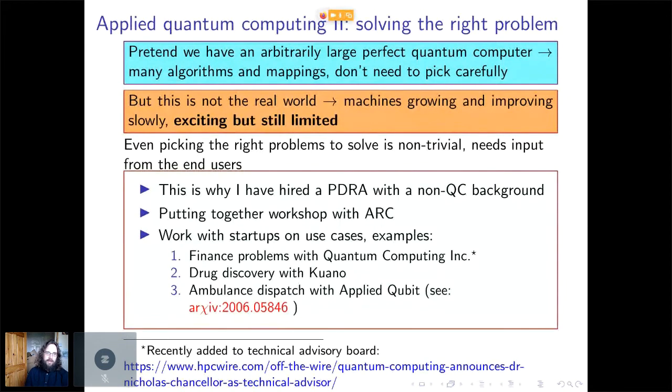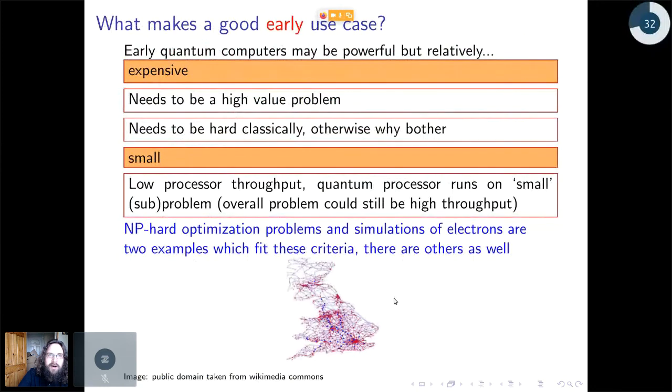It needs inputs from end users. So I've hired a PDRA, a postdoc, with a non-quantum computing background to help with this, and I've been working with some startups on this.